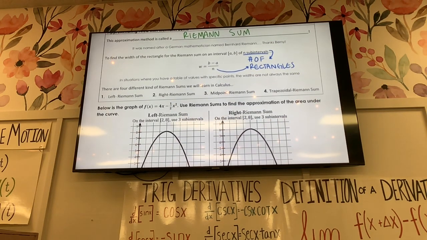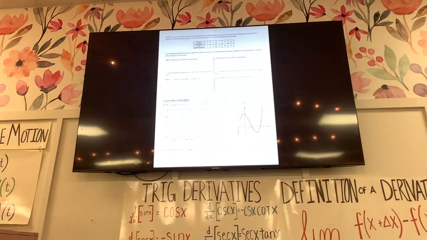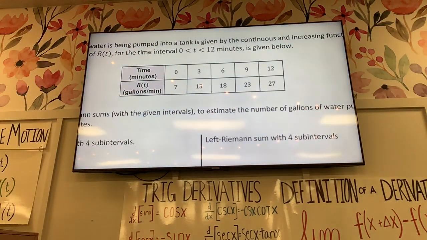In situations where you have a table of values with specific points, the widths are not always the same. Now I know on this example they are the same, but not always.